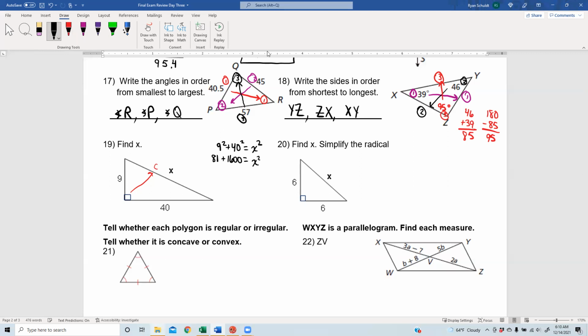It's going to equal X squared. That means 1681 is equal to X squared. If I take the square root of that, that gives me X equals 41. So X is 41.